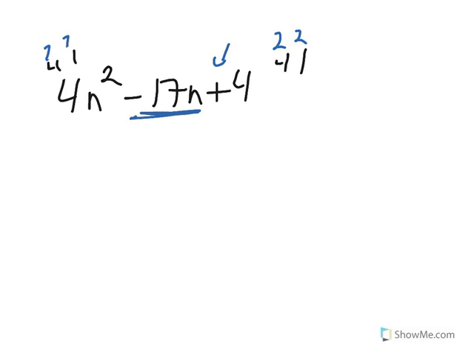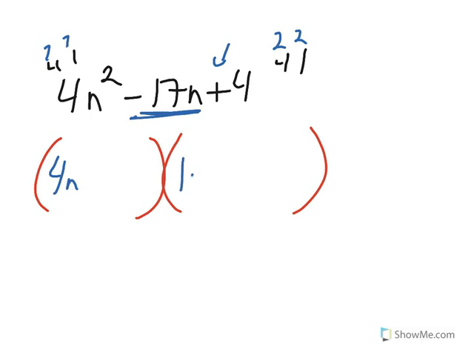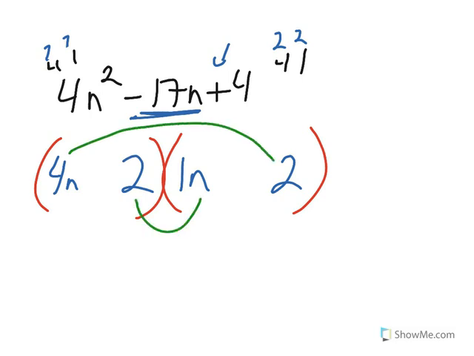So I know I'm going to be using bigger numbers because I need to get 17. So I'm going to try 4n and 1n, and then I'm going to try 2 and 2 and just see if it works. So I'm going to multiply here and here. That gives me 8n and 2n. No matter how I add that, I'm not going to get 17. So what I'm going to do is switch that to 4 and 1.